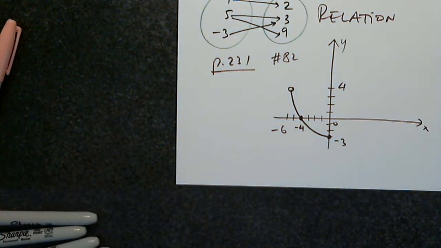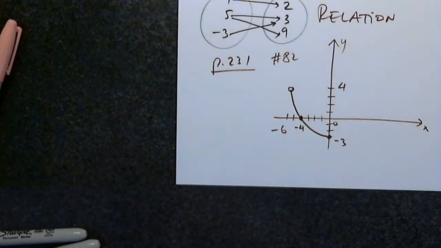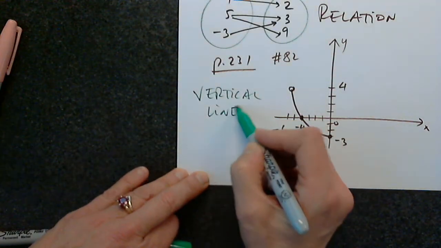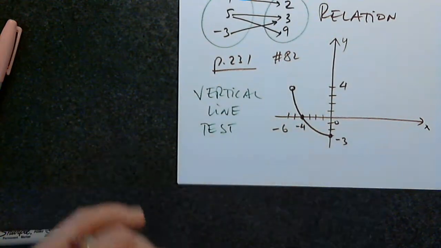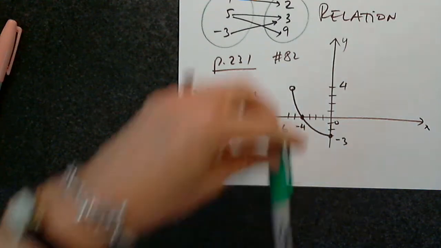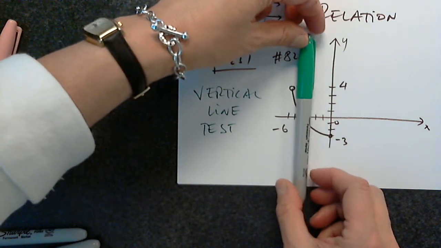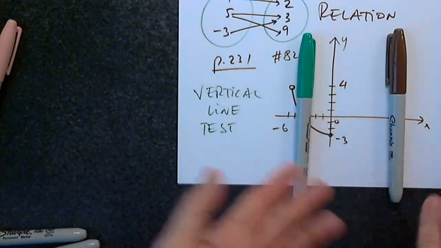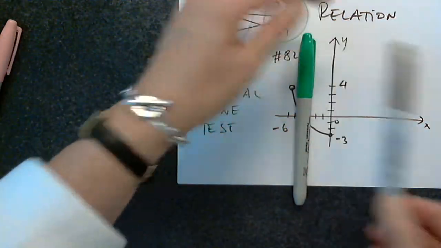My first question: is this a function? How do I know whether it is a function or not? Exactly, by the vertical line test. So here's what I do. I draw vertical lines where I see the function. Here it makes no sense because the graph is not there.